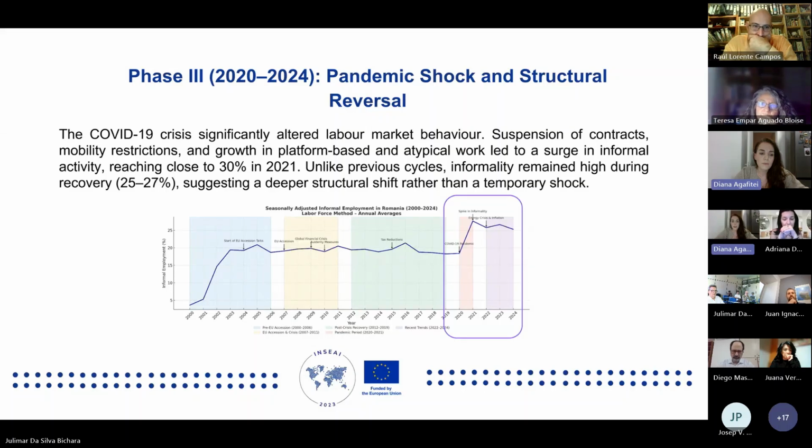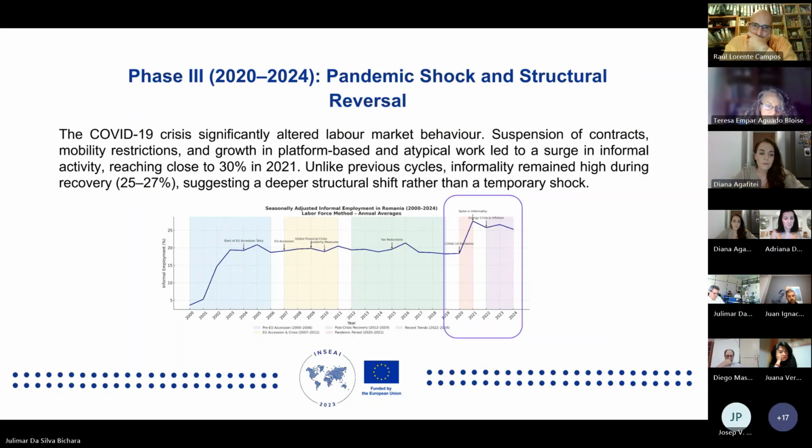We can correlate that with the COVID-19 pandemic, also with the energy crisis, and also with the unprecedented levels of inflation, which determined numerous people to choose to work informally rather than formally. And in this way, the percentage of informal employment is close to 30% in 2021.